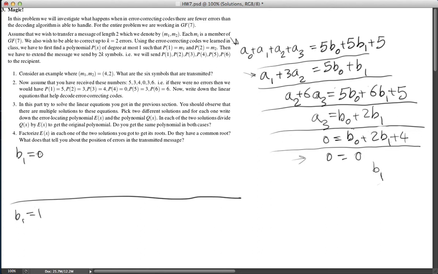So when b1 is equal to 0, if you plug it into this equation, you're going to get the value for b0. So this is just saying that b0 plus 4 is 0, right? And that's just saying that b0 is equal to 3.